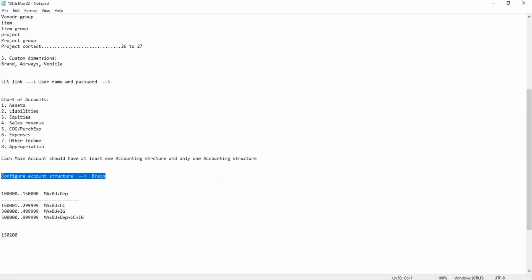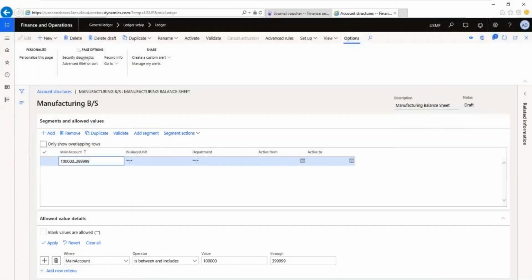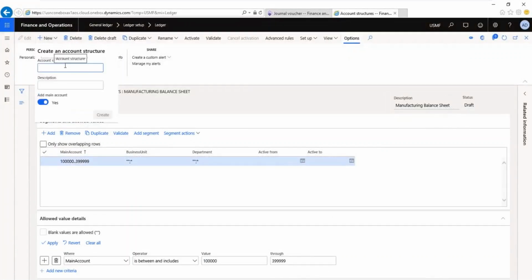Okay, thank you. There is one more question. When you write main account plus business unit plus cost center, you don't need to add the main account as a segment, right? That is carried over from our classification, isn't it? If I'm creating a new structure, I will tell you. I'm creating accounting structure 16.